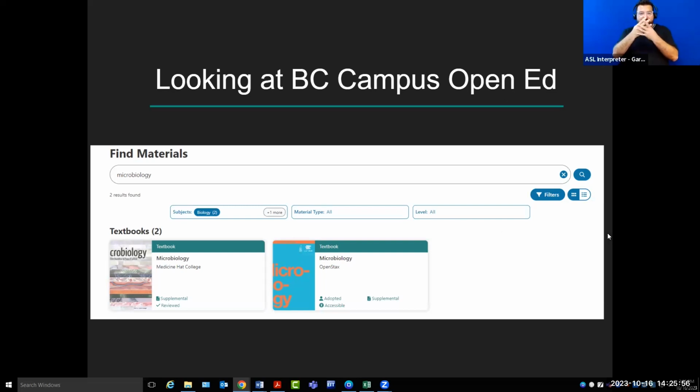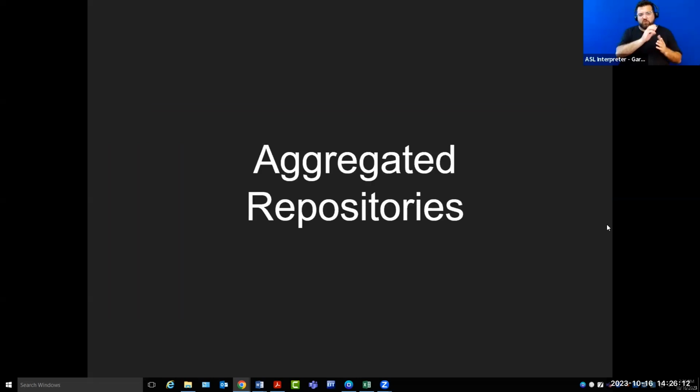But sometimes you can filter by different kinds of sources, not just textbooks, like videos or tests or courses, things like that.